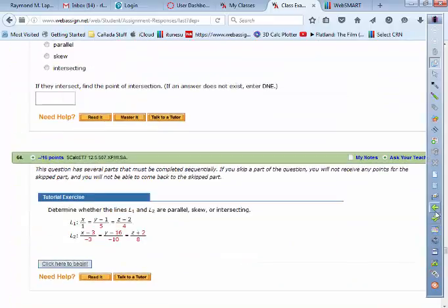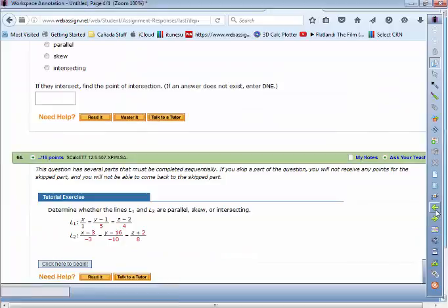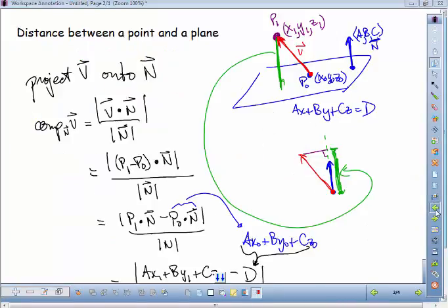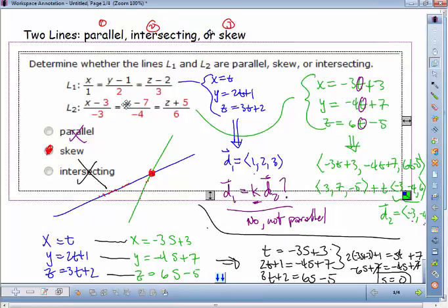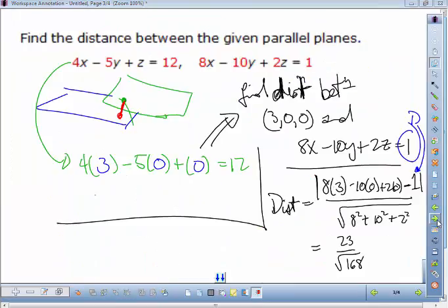You know what? One of the first examples that we did was skew, right? This was skew. So let's take this problem and find the distance between those.